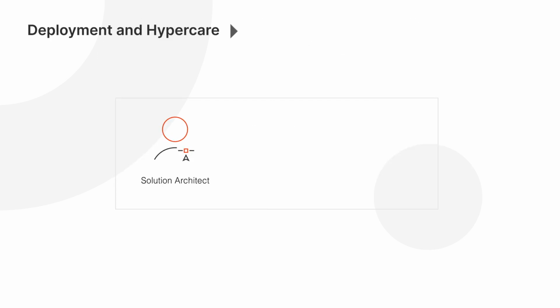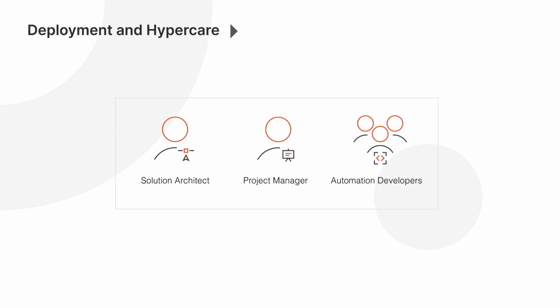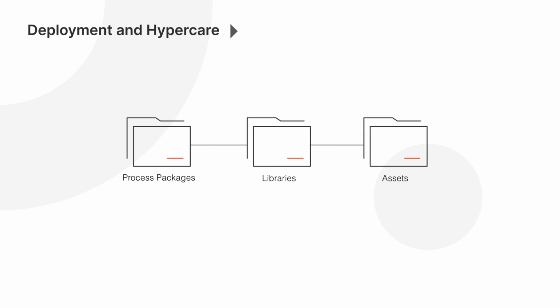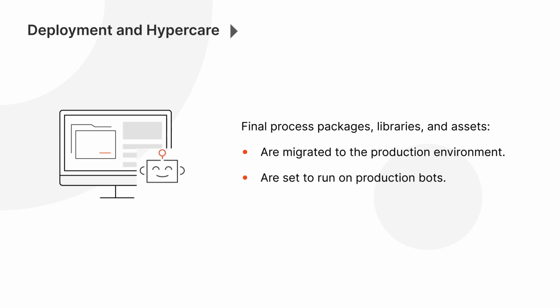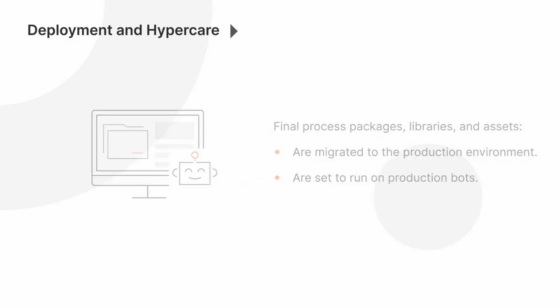The key people here are the solution architect, project manager, and automation developers. In this stage, the final process packages, libraries, and assets are migrated to the production environment. Then, they're set to run on production robots, which must have access to the production instances of all in-scope applications.